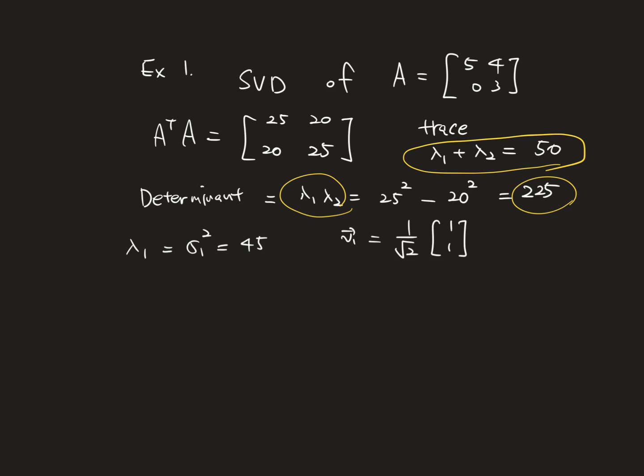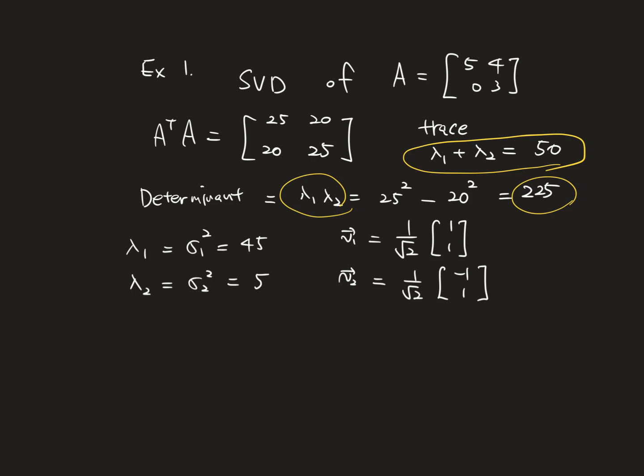We normalized already. Lambda 2, which is sigma 2 squared, is 5, and V2, the eigenvector of A transpose A, is minus 1, 1.